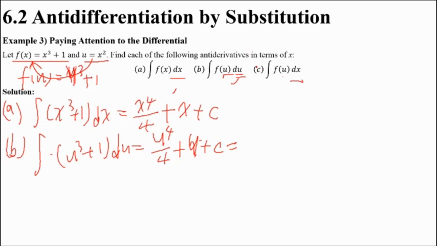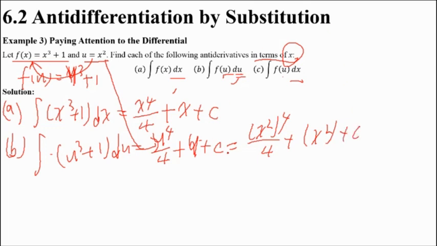But they said in terms of x. So change to x. So u to the fourth, now plug in: x squared to the fourth over 4 plus x squared plus c, which means x to the eighth over 4 plus x squared plus c. Okay, and now part C is f of u(x), which is different, so plug in.